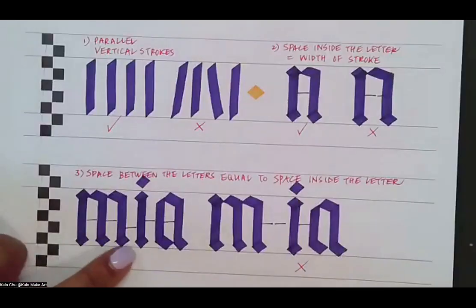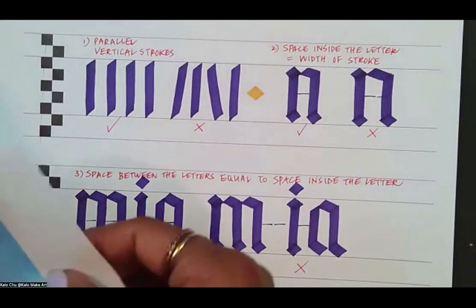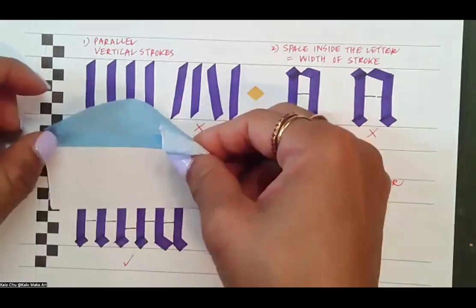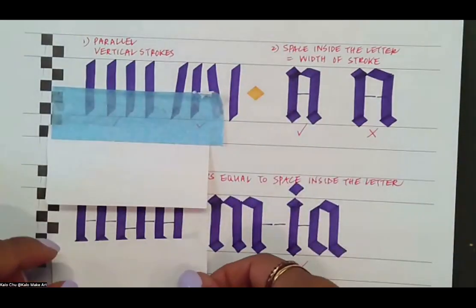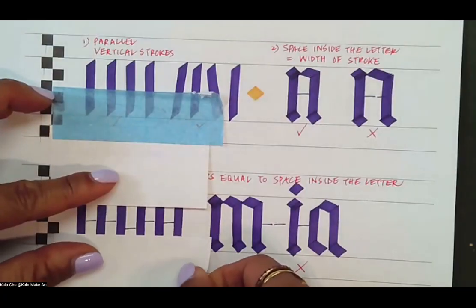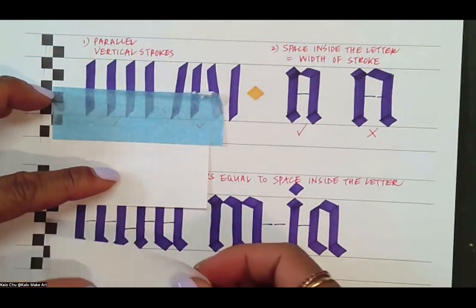Coming back to this page here, if you want to check whether the spaces between your letters are equal, you can always do something like this. You cover it. I'm just showing you by covering, you can see if it's consistent, right? The white space. So you can always check.